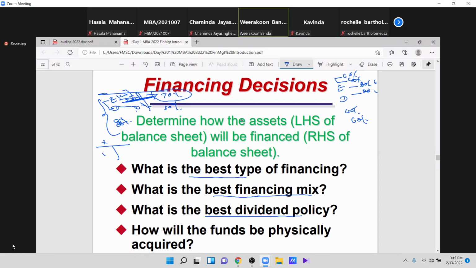If there are 10 shareholders, 8 of them may be paying taxes because their income level is very high. In such a case, do we consider a high dividend payout ratio? You can decide the best dividend policy.